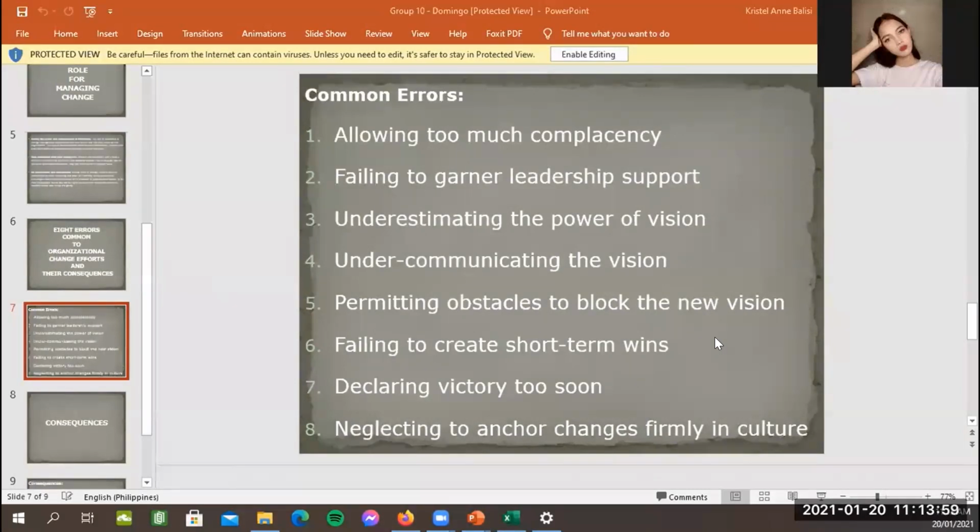Number one, keep it simple with storytelling. It helps the listener to easily understand what you are talking about. Number two, be authentic. This encourages people to discuss their concerns and issues. Number three, communicate the vision through multiple channels.